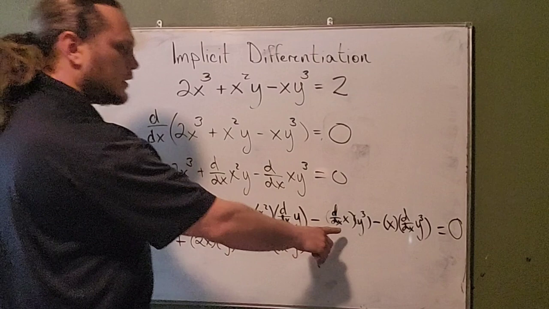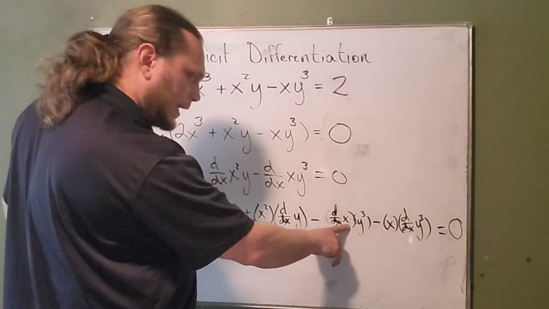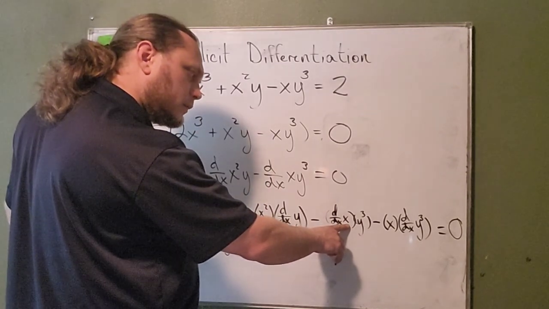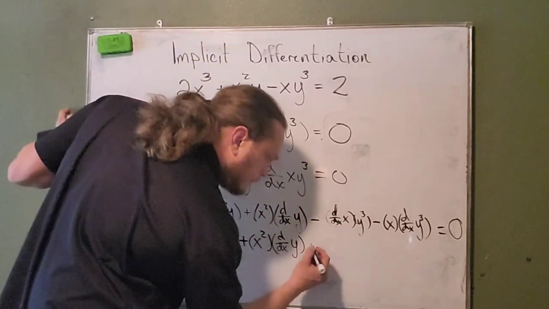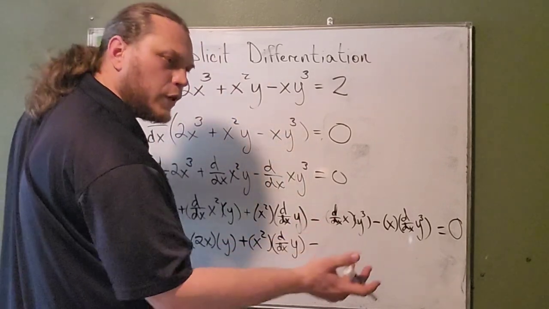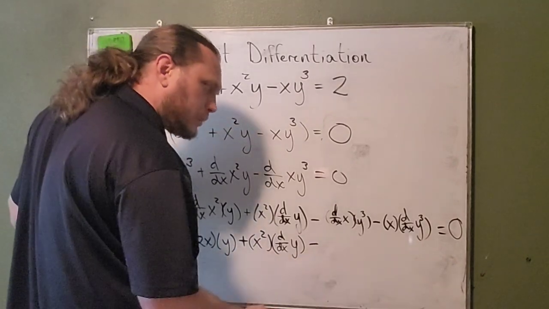Here's another easy one, d dx of x. That's linear, right? That's just y equals x, a straight line, and the derivative of that is 1. So this is now going to be minus, and I would write 1 times y cubed, but we know what anything times 1 is. It's unchanged. This is the multiplicative identity.